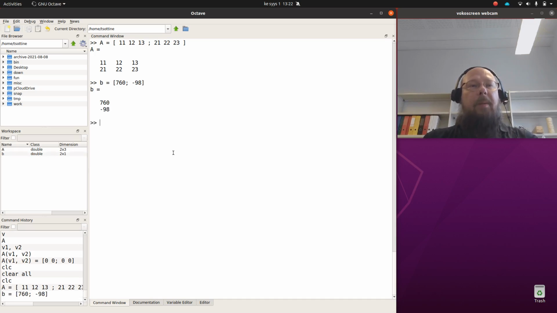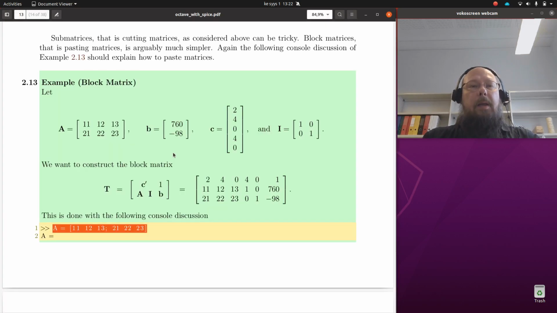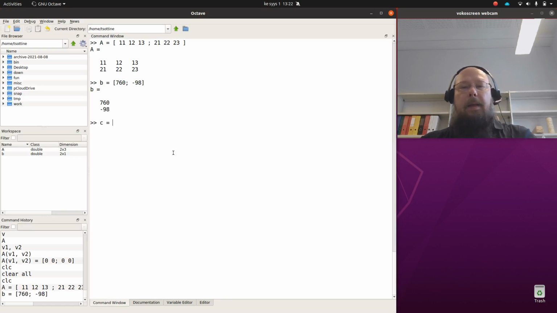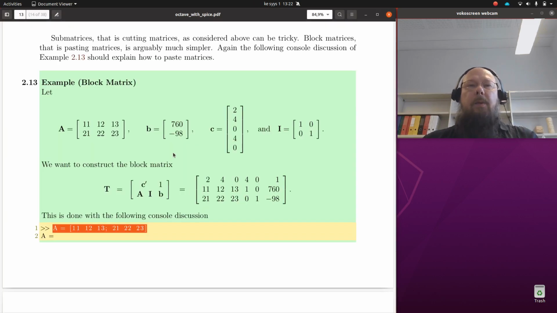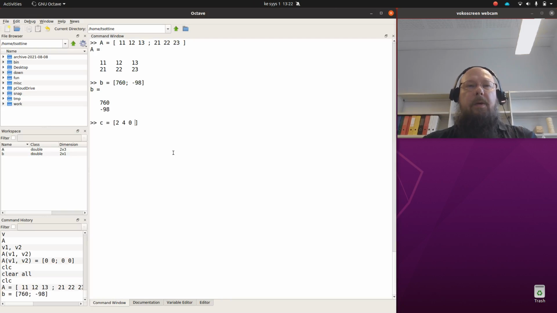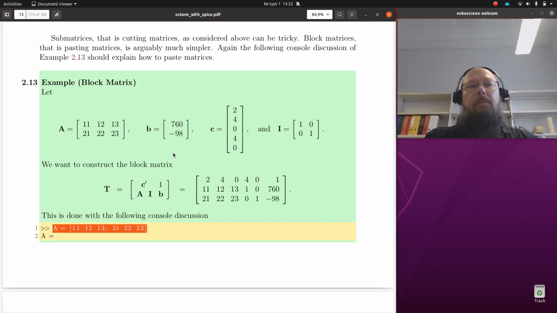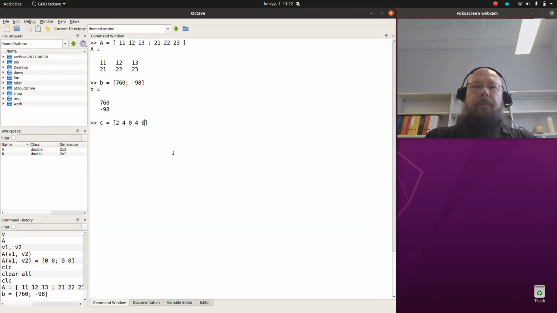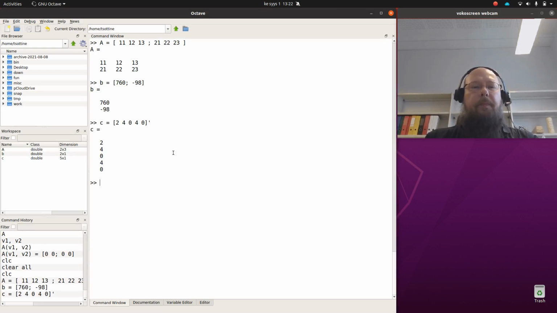Okay, now I have column vector B, which is correct. Then let's see C. C would be 2 4 0 4 0. Okay. Yes. Let me do this with the quotation mark, single quote. Okay. What else do we need? Then there is I.